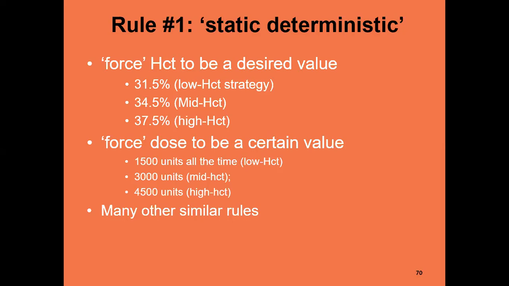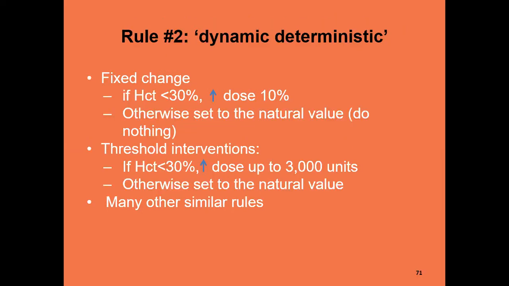And we can also force dose to be a certain value. For example, we can say the treatment strategy is that from the start of follow-up to the end of study, patients constantly receive a constant EPO dose of 1500 at all times for the low hematocrit strategy. And there could be many other similar rules.